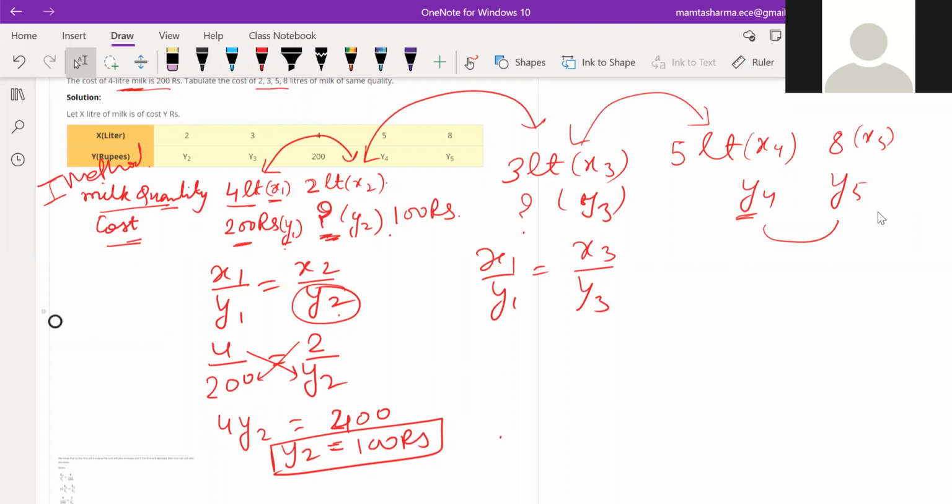You have sent one table, where you have to check whether they are in inverse or direct proportion. What is the question? In which of the following tables do x and y vary directly? Direct relation.